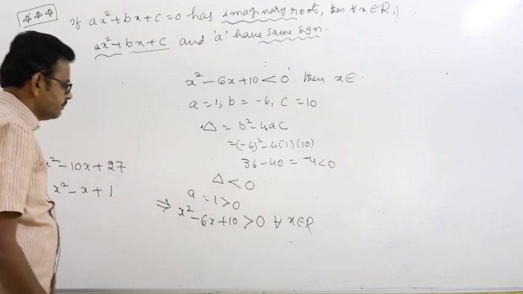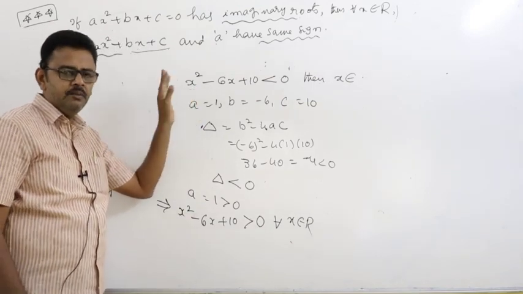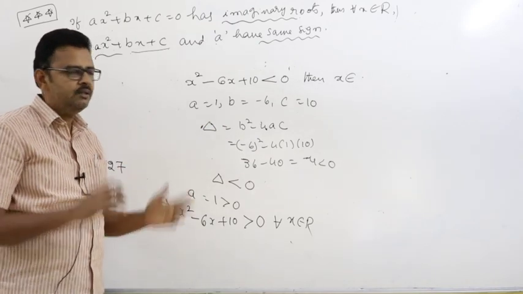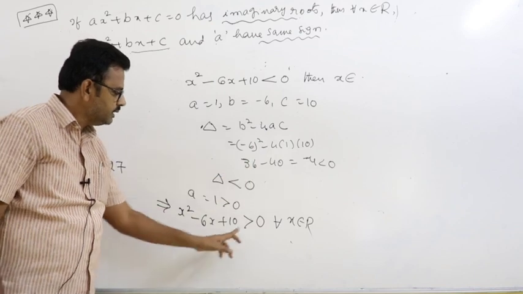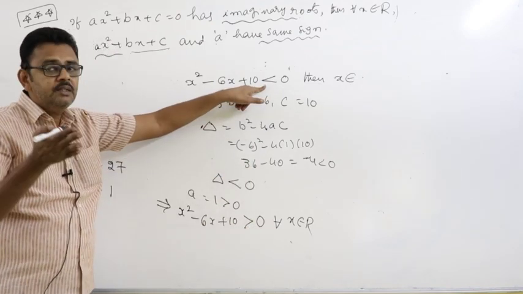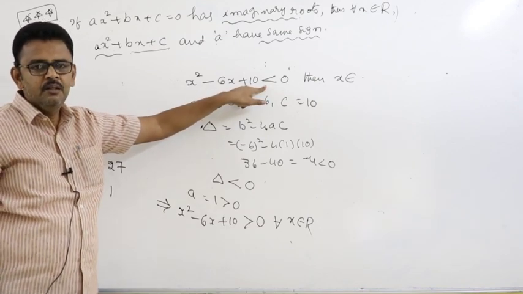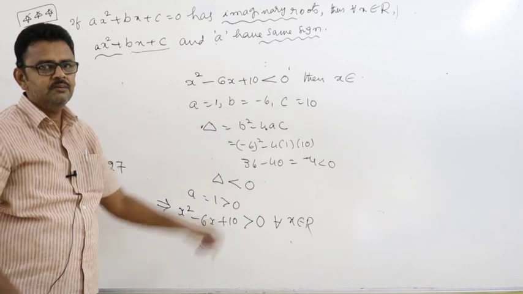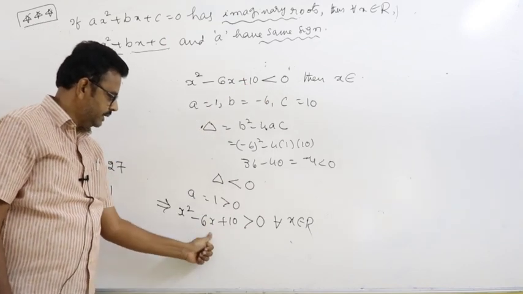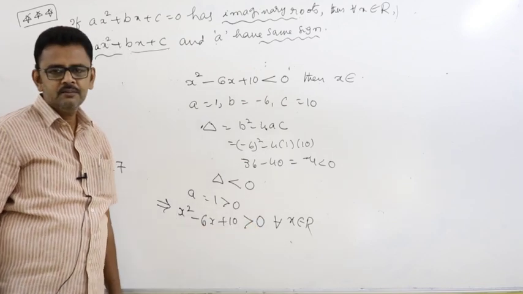That means in place of x you write any number, maybe 0 or 1 or 2, -1, -7, -8, whatever the value, this is always positive for all x. But the question is: for what values of x is it negative? What is the answer? Our conclusion is that x square minus 6x plus 10 is greater than 0 for all x.